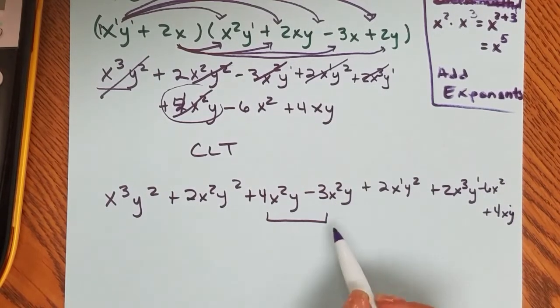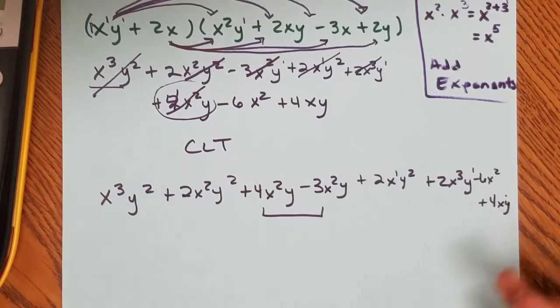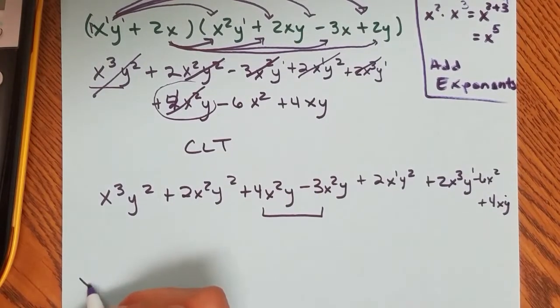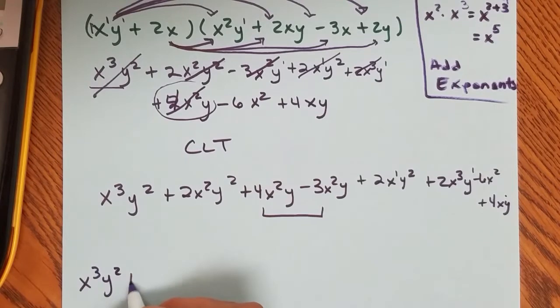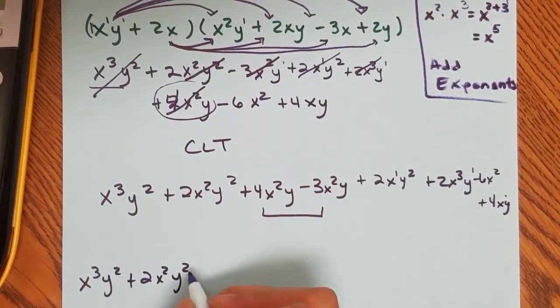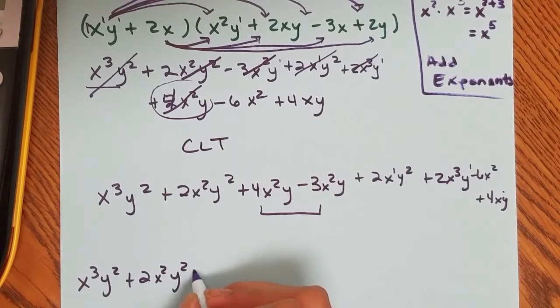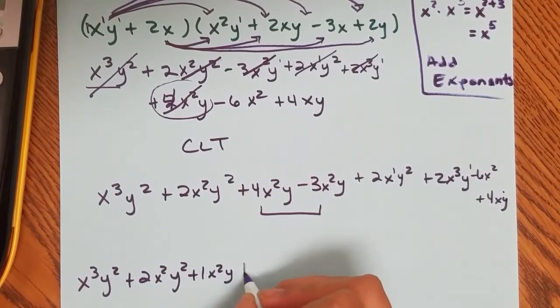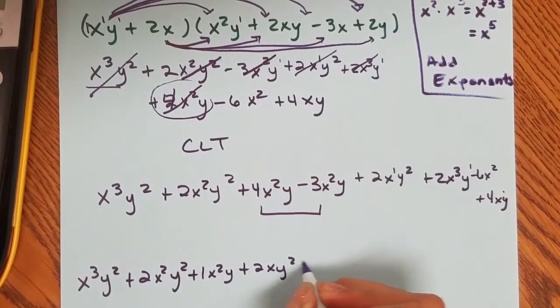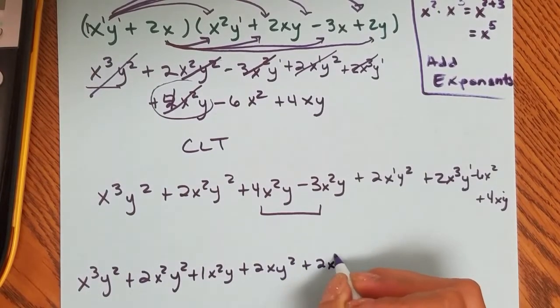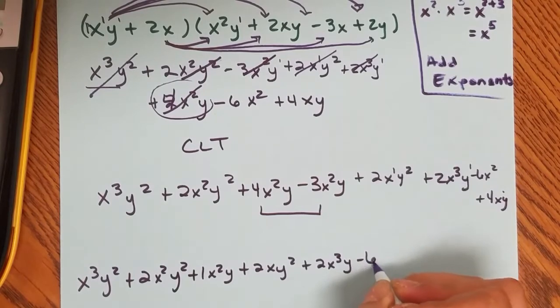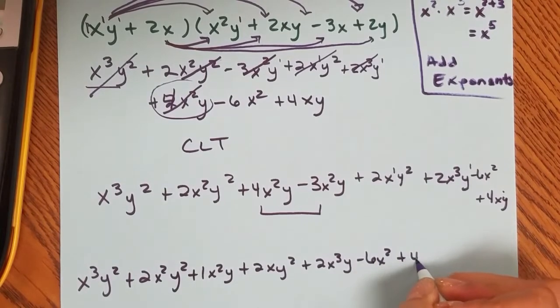So now I'm just going to combine my like terms. Everything else is just going to come down. X cubed y squared plus 2x squared y squared. 4 minus 3 is 1. Positive 1x squared y plus 2xy squared plus 2x cubed y minus 6x squared plus 4xy.